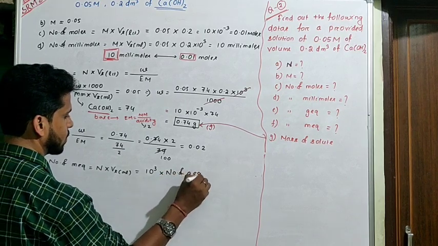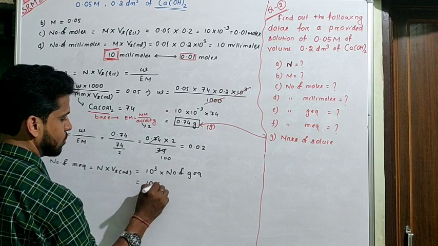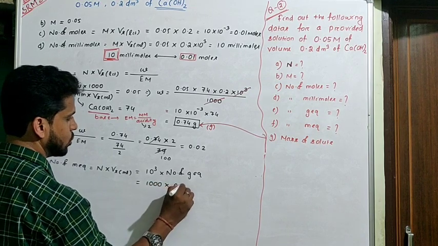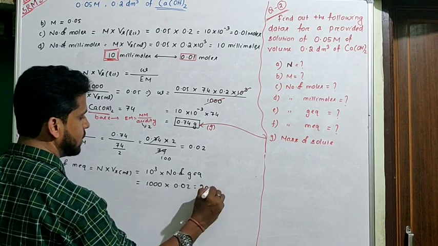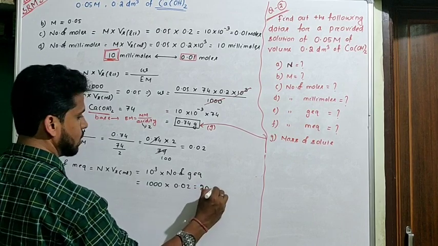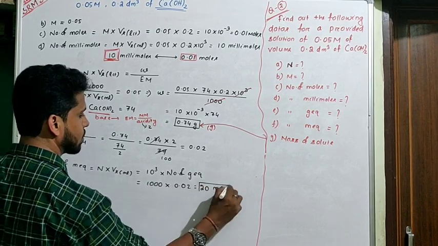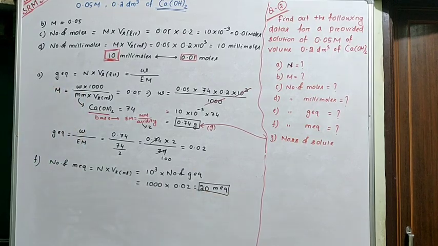That is 1000 into the gram equivalent 0.02. That is 20 milliequivalents.